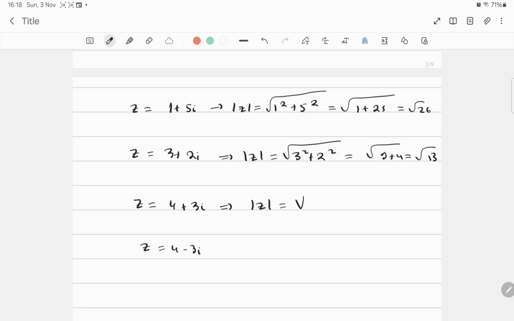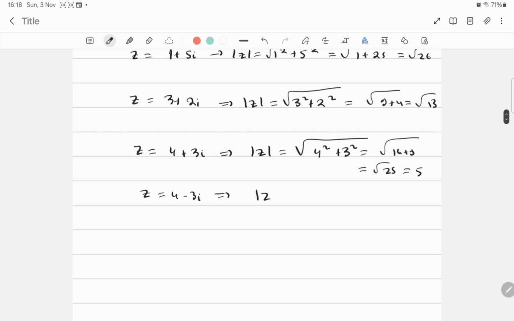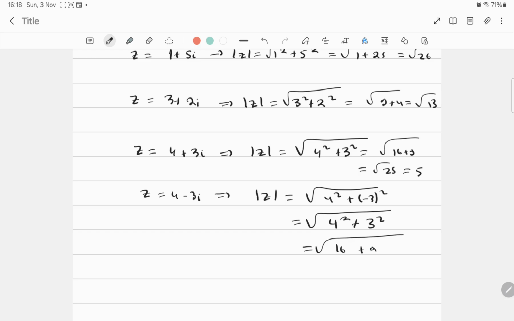The modulus of this complex number is 4 squared plus 3 squared, 16 plus 9, the square root of 25, so that's 5. And here the modulus of z is the square root of 4 squared plus minus 3 squared, that's 16 plus 9, the square root of 25, and that gives me 5.